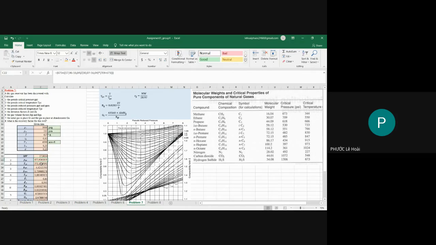And for the TPC, it will have the equation here to calculate the pseudo-critical temperature, and for the pseudo reduced pressures, PPRI and PPRA. Okay.